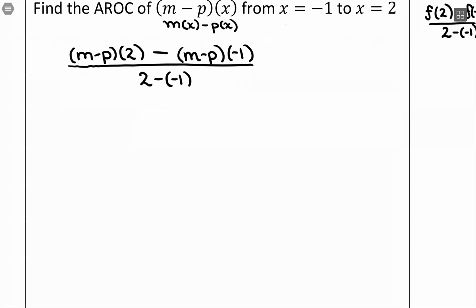So let's focus on simplifying, or rather just plugging in this first piece, m minus p of 2. So I want to look at the subtraction of my two functions with 2 plugged in. So m of x, I would have my 3 over x minus 5, but I'm plugging in 2, so I'll have a 2 minus 5. And then minus p of 2, so my function p, where I'll have 2 minus 2 over 2 plus 3.